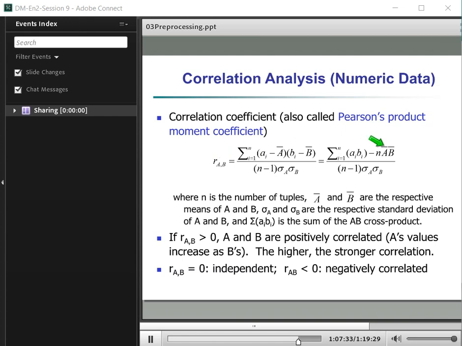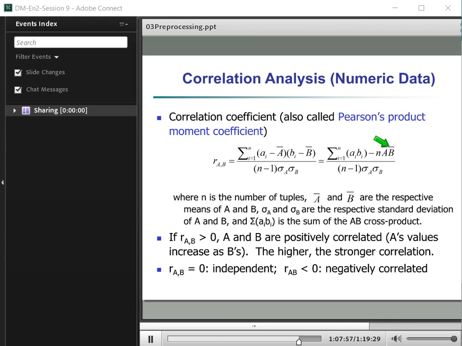In this case, A bar and B bar are the mean values of the values in A and the values in B. There are two features. The average value of the first feature is A bar, and the average value of the second feature is B bar.